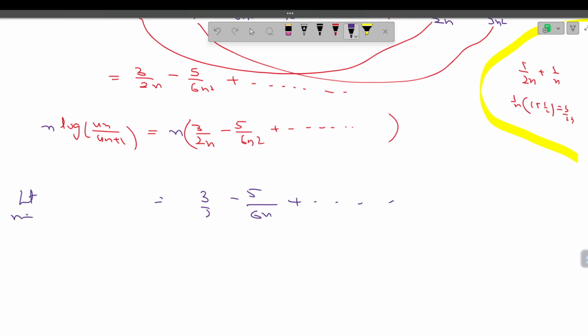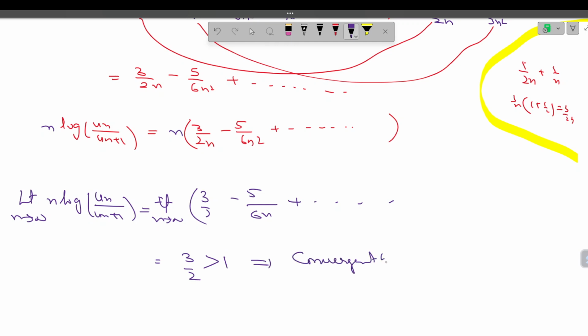Now apply the limit n tends to infinity. N into log of un by un plus 1 equal to limit n tends to infinity, and so on. As n tends to infinity, 1 by n tends to 0, and 3 by 2 is greater than 1. Greater than 1 means convergent by logarithmic test.